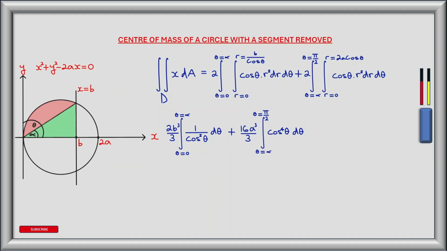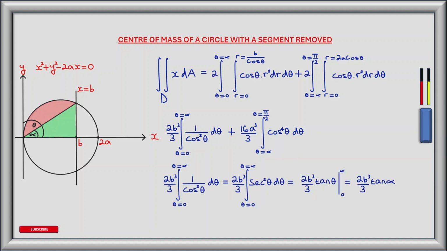And now if we work on the outer integrals, but before doing that, we multiply through by 2 cos theta in each case, we're left with 2b cubed divided by 3 multiplied by the integral from theta equals 0 to theta equals alpha of 1 over cos squared theta d theta, plus 16a cubed divided by 3 multiplied by the integral from theta equals alpha to theta equals pi by 2 of cos to the power of 4 theta d theta.